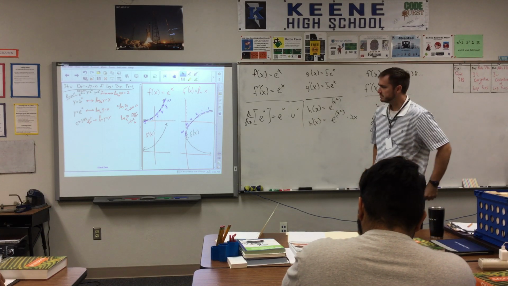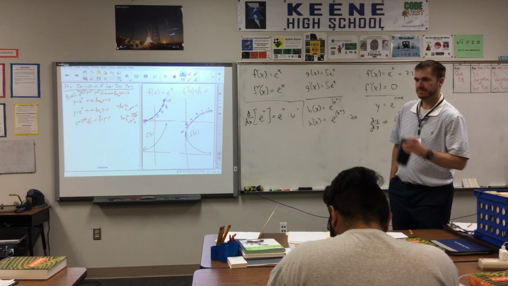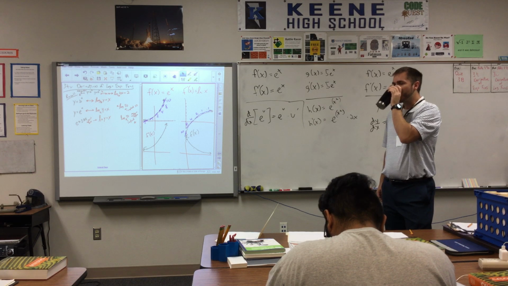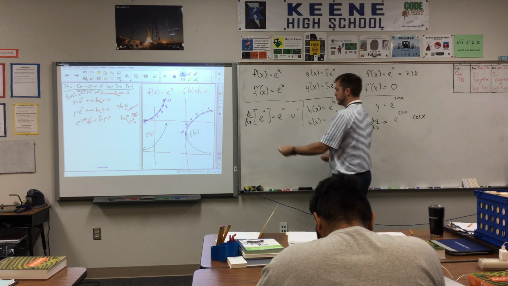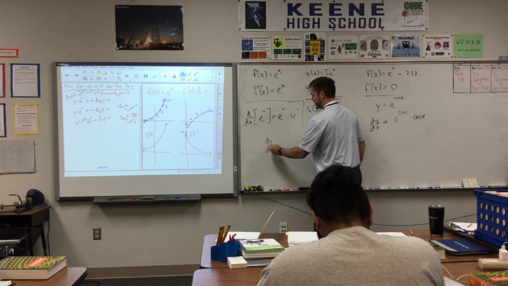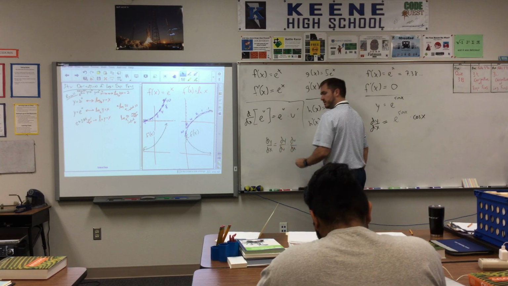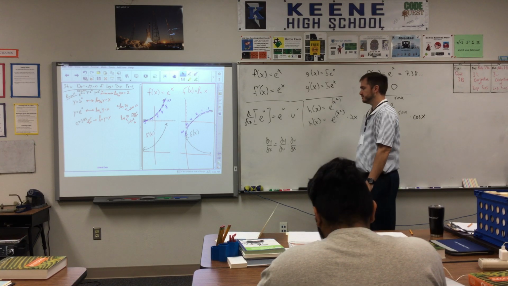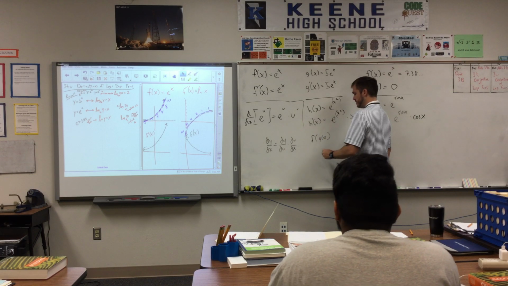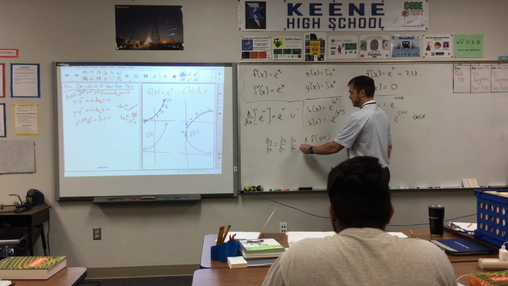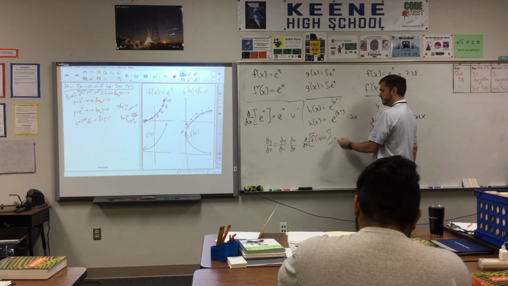For some reason, I didn't have the chain rule written down on my sheet. I think it's dy over dx equals dy over du times du over dx. And the other one is the derivative of f composed of g.